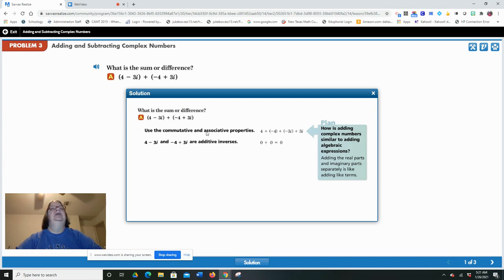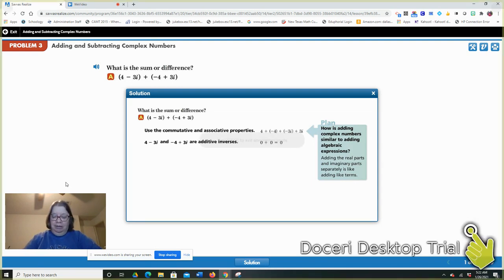It says use the commutative and associative properties. So they actually changed the order and rearranged it. You can do that if you want, or you can just understand that the real parts, the parts without the i, can be added or subtracted, and the parts with the i can be added or subtracted. So 4 plus negative 4 is 0.